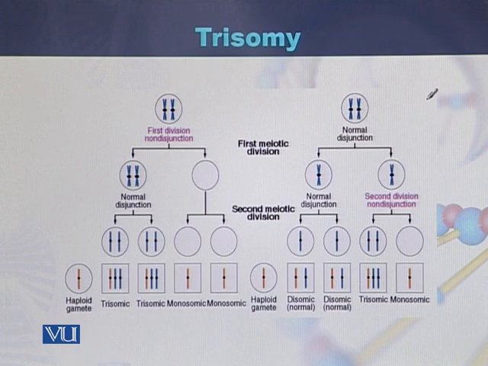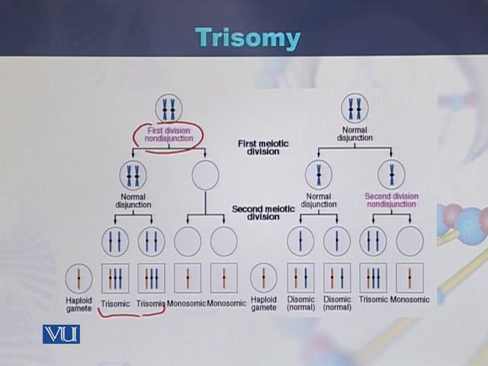Trisomy can be formed due to non-disjunction in the first meiotic division, like here. In this case, there is first meiotic division and it is non-disjunction. As a result of non-disjunction, we can see that trisomic cells will be produced.